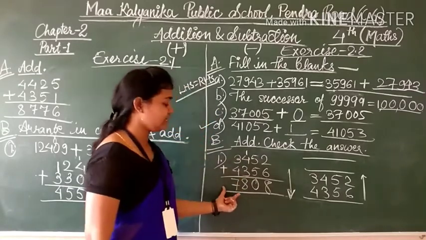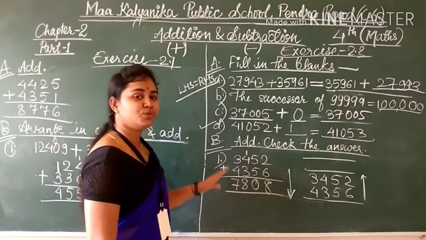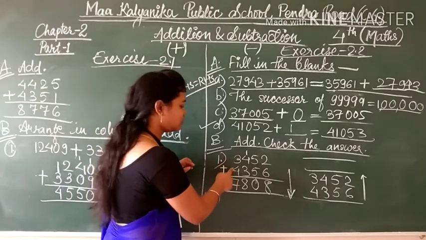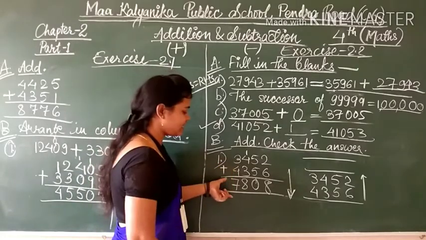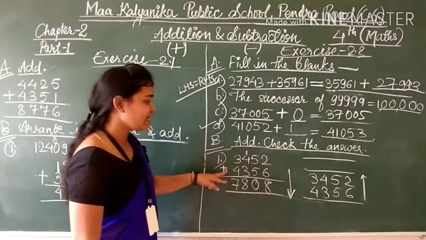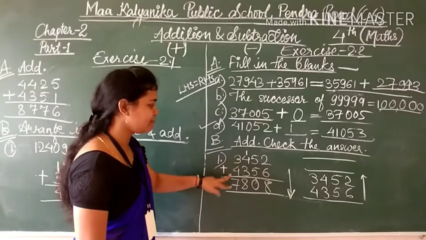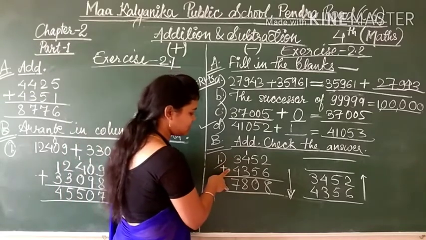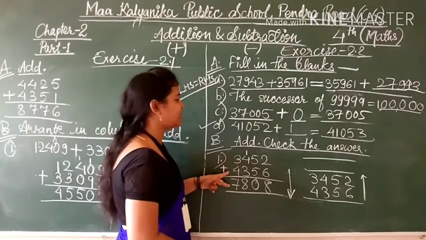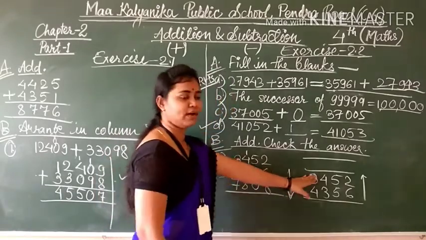The answer received is 7,808. Okay. Students, for checking, these are the two given numbers and we are getting this as the sum. This is the answer. If we are adding these, the given numbers, then the above two numbers we can subtract and get the answer. But here some more tricks are used. So this you have to solve.